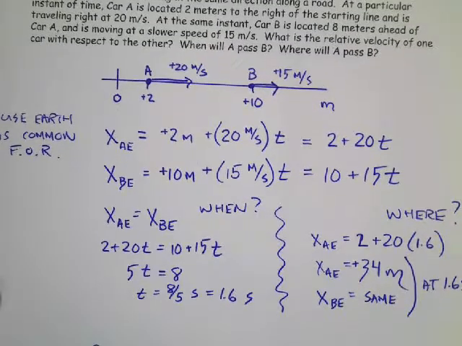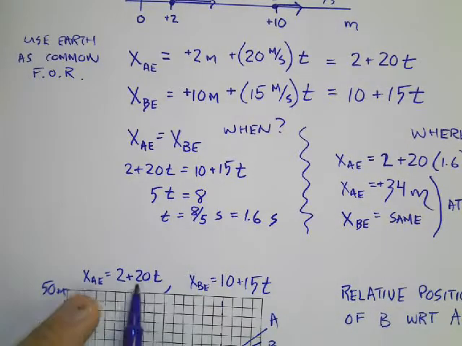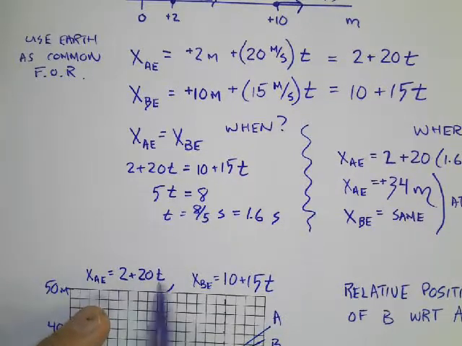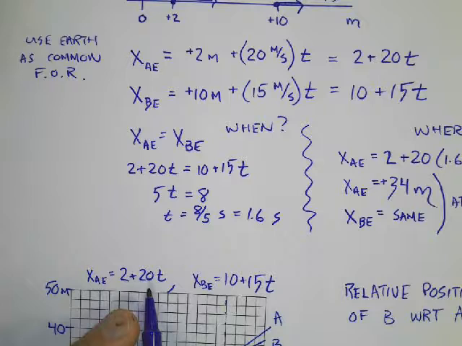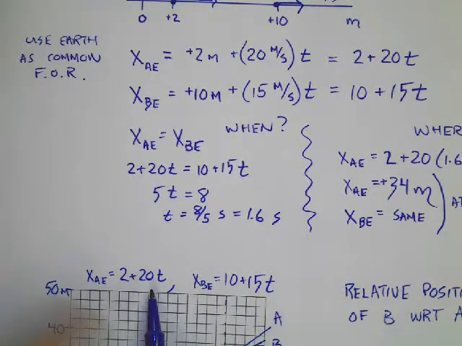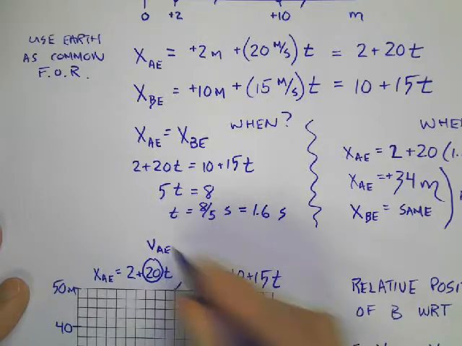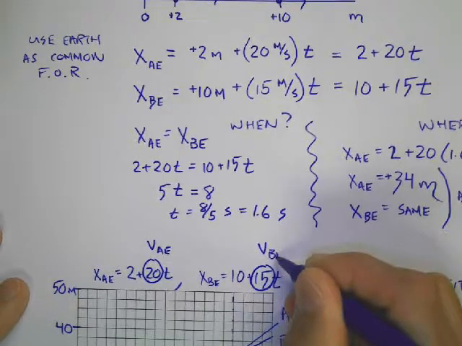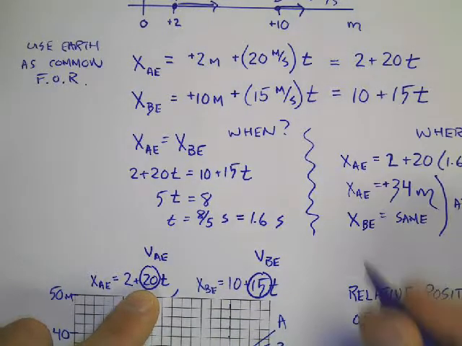I didn't totally show you the math on that, but if you look at the two functions we have here, 2 plus 20t and 10 plus 15t, and take the derivative of those functions, you should get the rough idea that this is the velocity of A with respect to the Earth. This term out in front of the t is the velocity of B with respect to the Earth. And if you subtract those two things, you get the relative velocity between the objects.